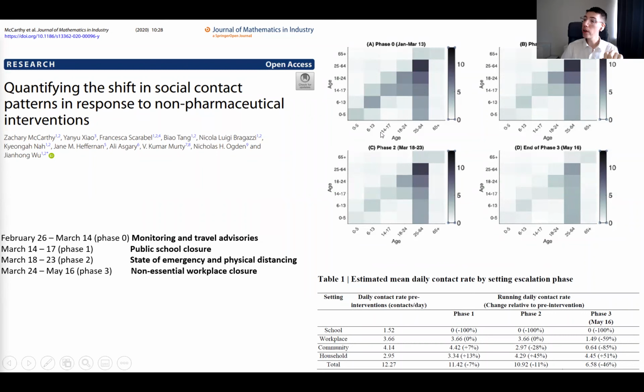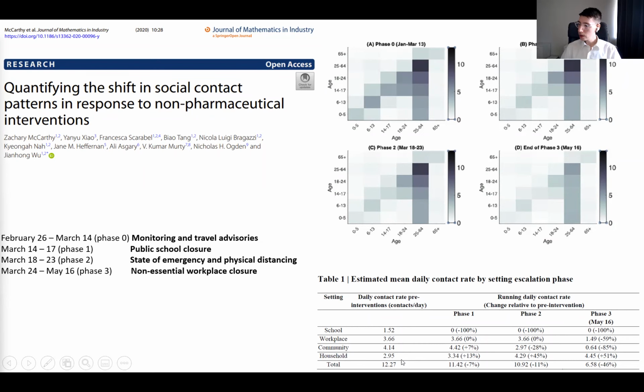On the top right of your screen here, you'll see the contact matrices in each phase of physical distancing in the first wave. And logically, the household mixing pattern emerges as the measures become more stringent. And also a numerical depiction of these contact matrices on the bottom right.